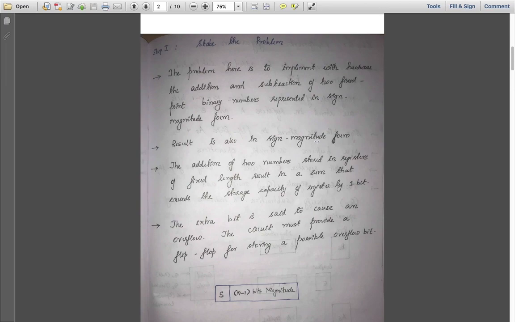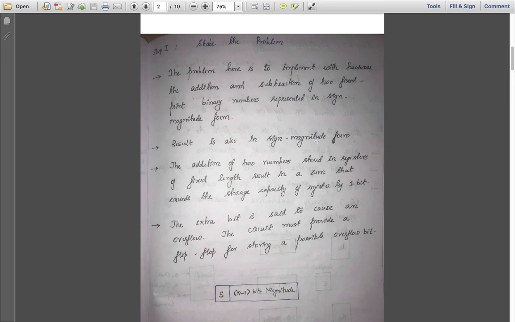Also, we know that when you perform addition of 2 numbers, there is a possibility that a carry can come. If a carry arises, then that carry needs to be stored somewhere. The normal registers will not have space to store that carry, so that is an overflow that has been generated. That overflow needs to be stored in some other flip-flop or some other register.